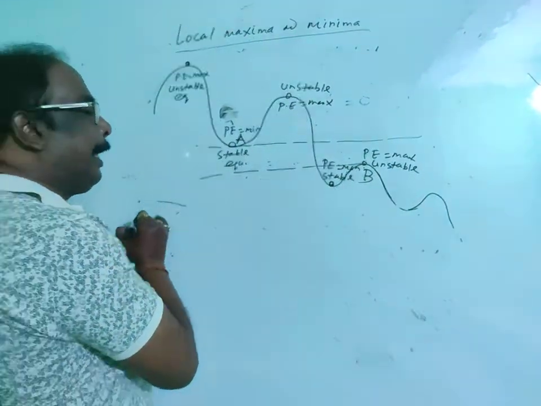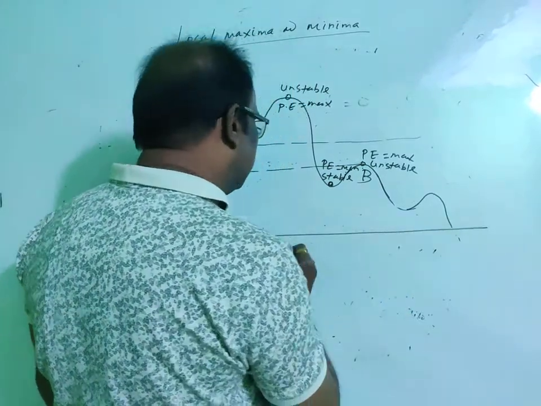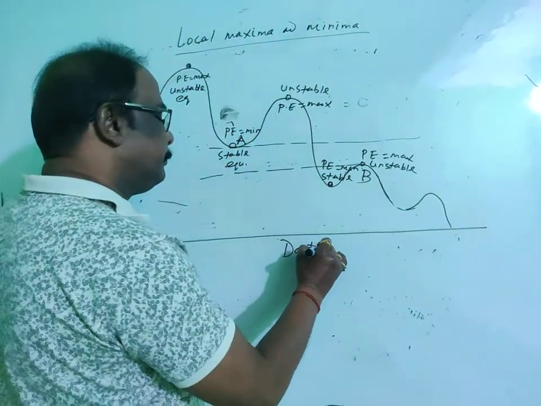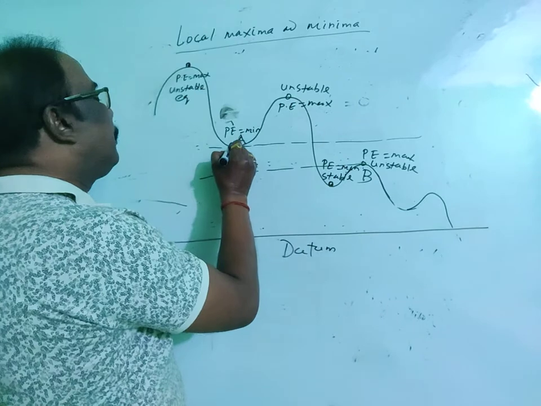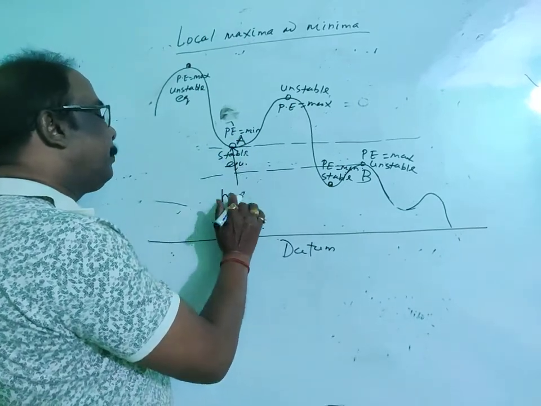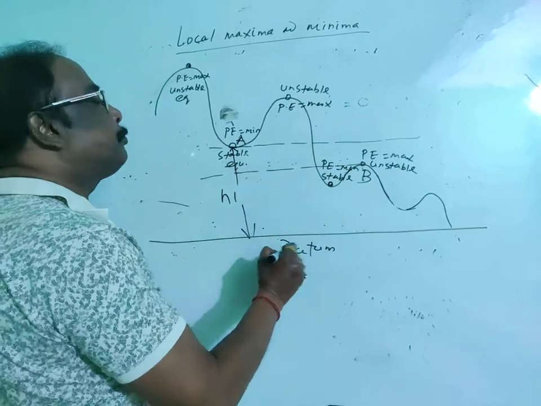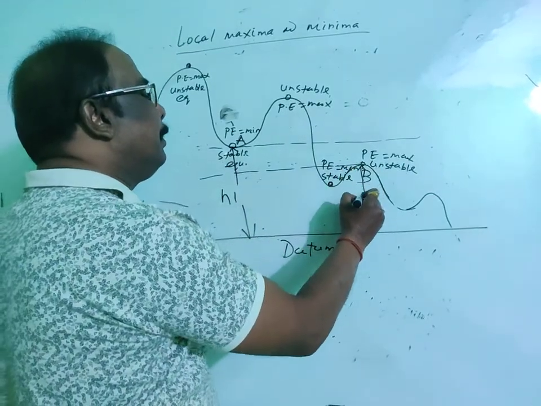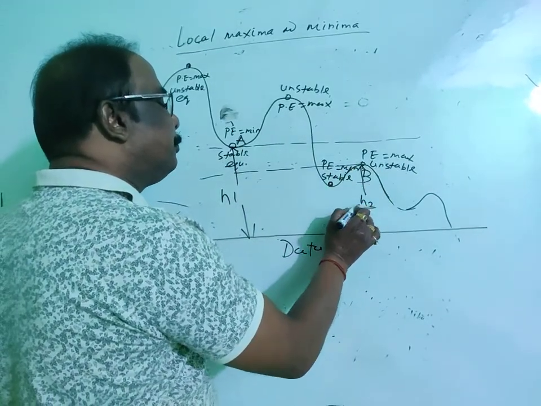See, if you take this as datum level, ground level, then for position A, to get potential energy, this height is h1. For position B, this height is h2.